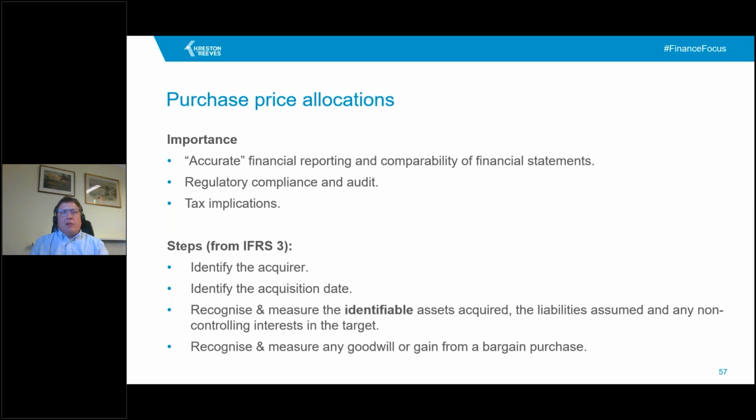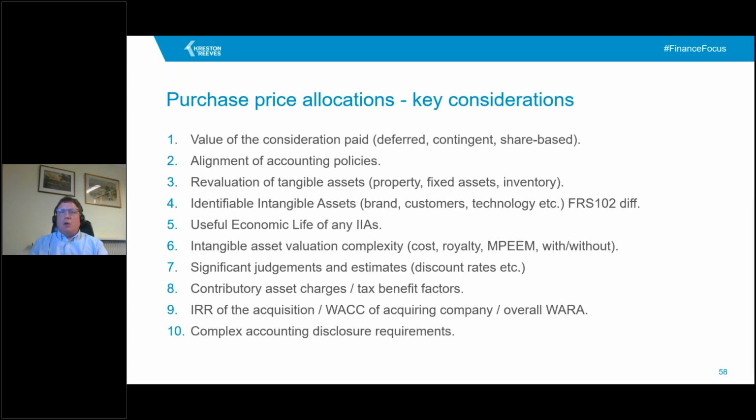As shown on my next slide, PPAs can be incredibly complex, and I set out on screen some of the key considerations we must make. I'll pick up on one or two of these, but by no means all of them. So what intangible assets are identifiable?